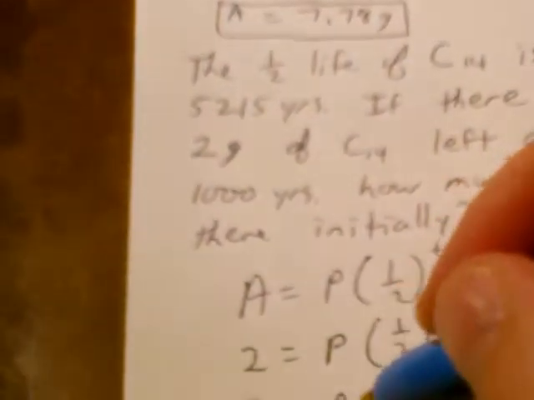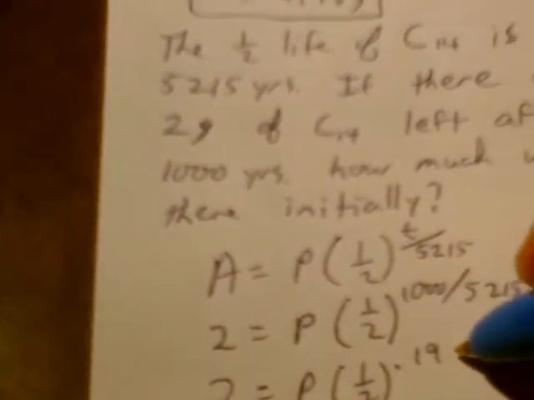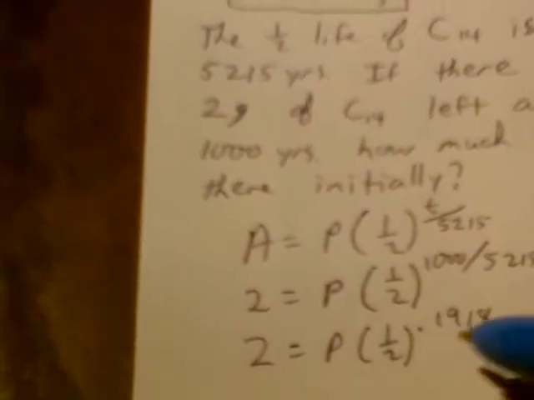So over to the calculator, and 1,000 divided by 5215, and we get 0.1918. So 2 equals P times 1/2 to the 0.1918. So we raise 1/2 to the 0.1918. So 0.5 to the 0.1918 equals 0.8755.